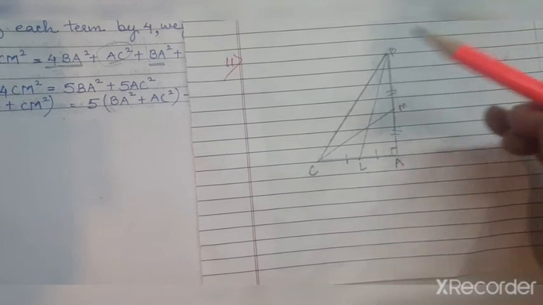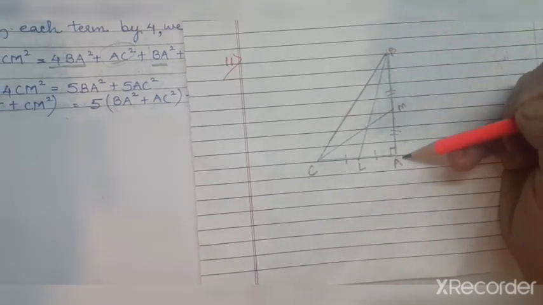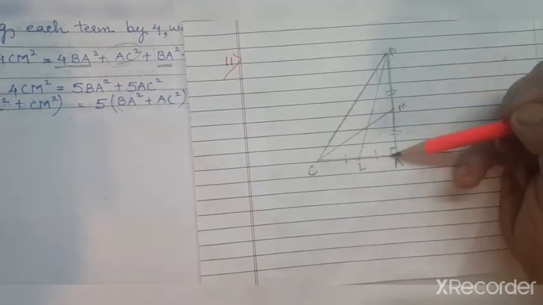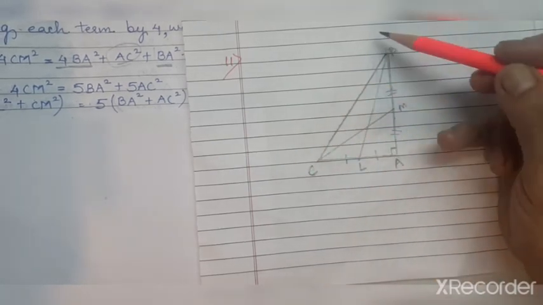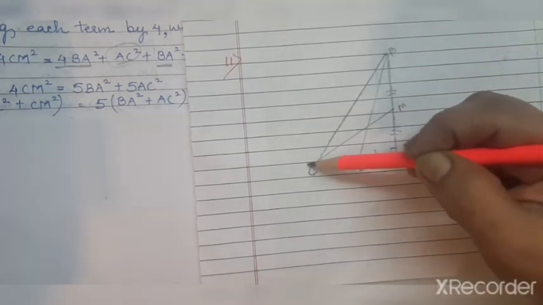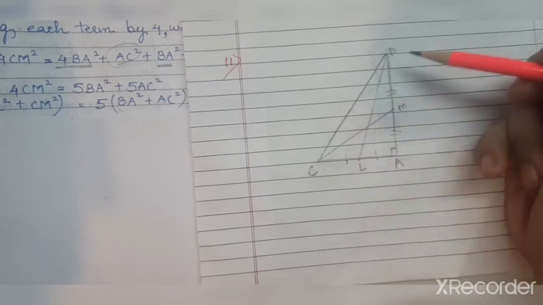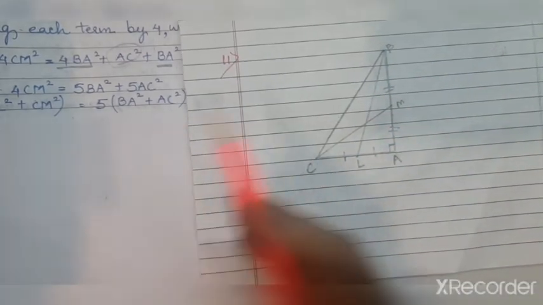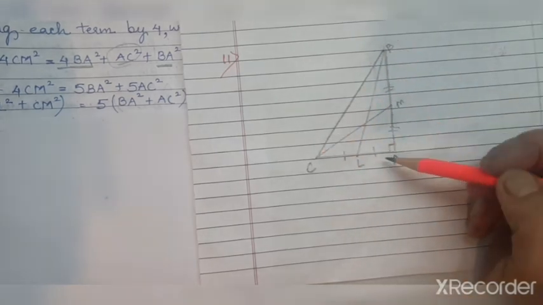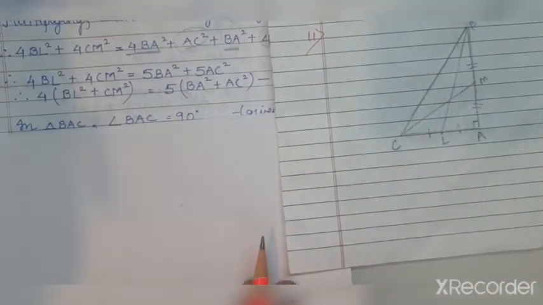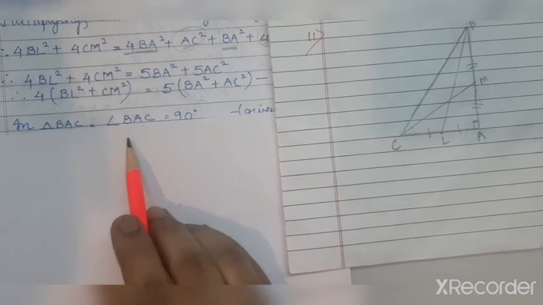In this particular triangle ABC, which is a right angle triangle, BA square plus AC square will be equal to BC square using Pythagoras. So we can replace BA square plus AC square as BC square by using Pythagoras in triangle BCA.